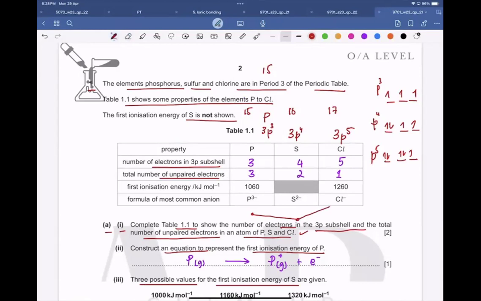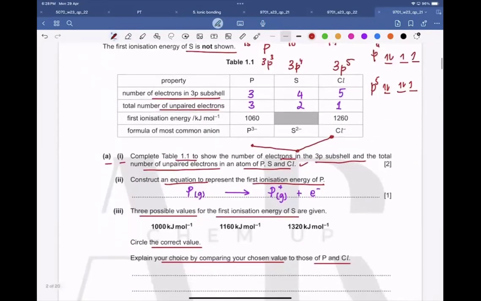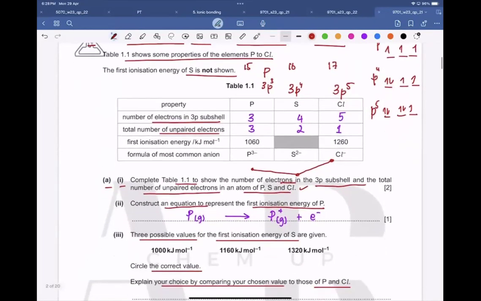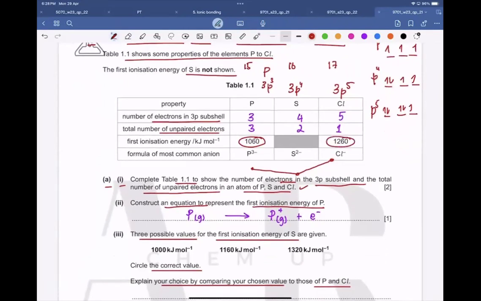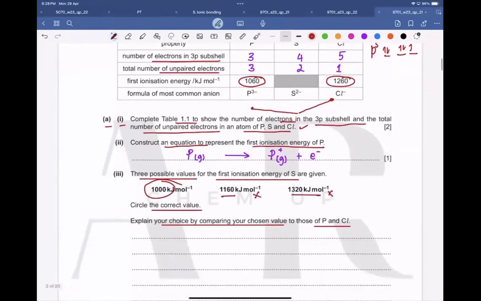And then in group 17, there is again an increase in the ionization energy, right? If you see, this one is 1060 and this one is 1260. So this must be lower than both of them. 1160 is greater, 1320 is also greater, so that must be lower. So I'm going to circle this option, 1000 kilojoule per mole.